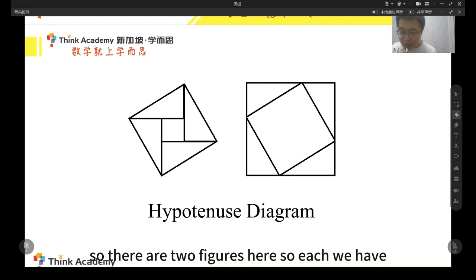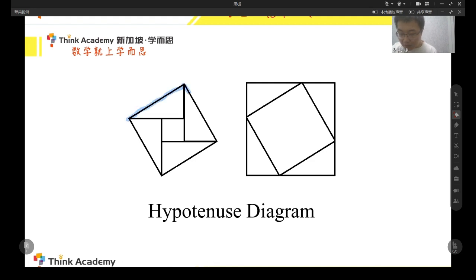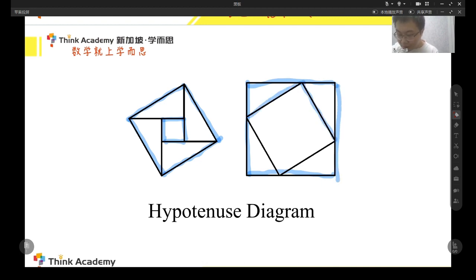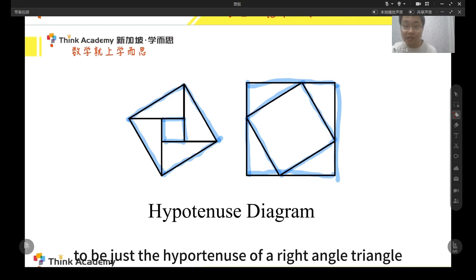In each, we have a larger square, a smaller square, and 4 identical right angle triangles, right? Actually, in both figures, the side length of the square is just the hypotenuse of a right angle triangle.